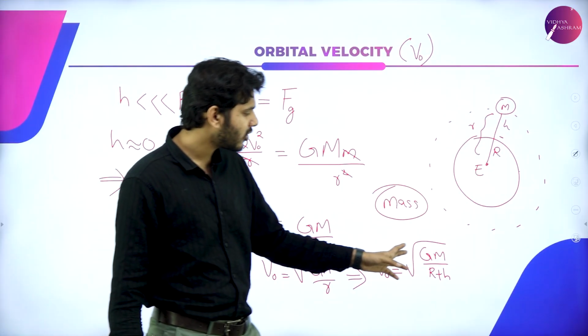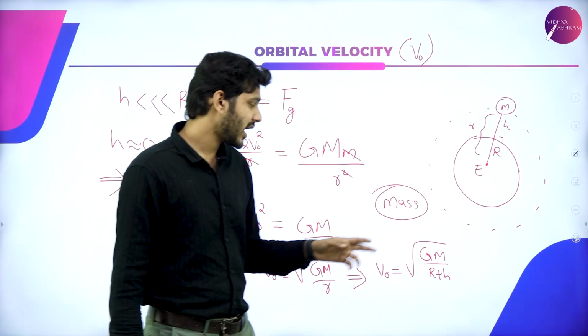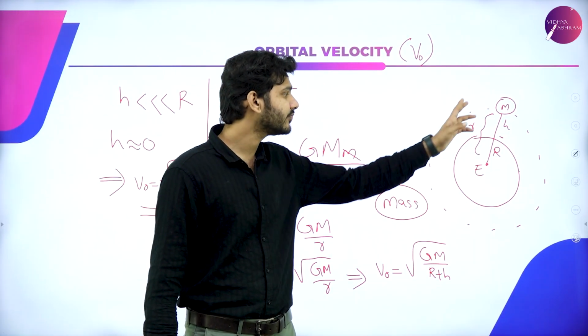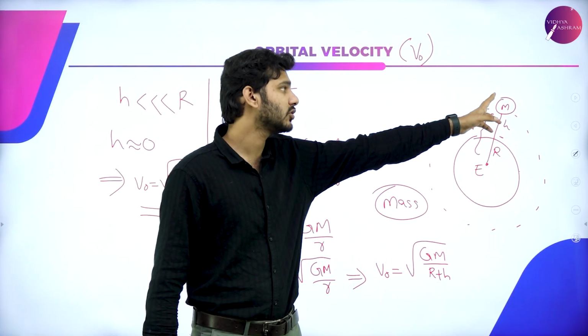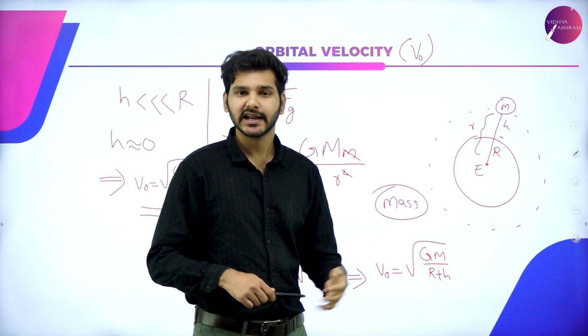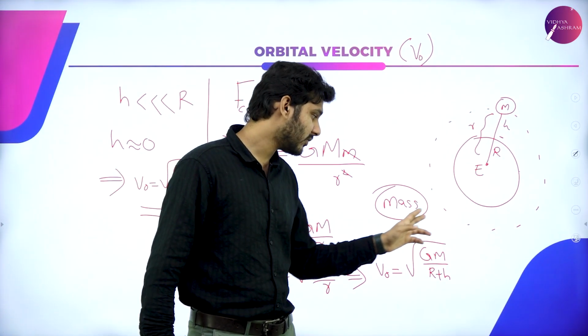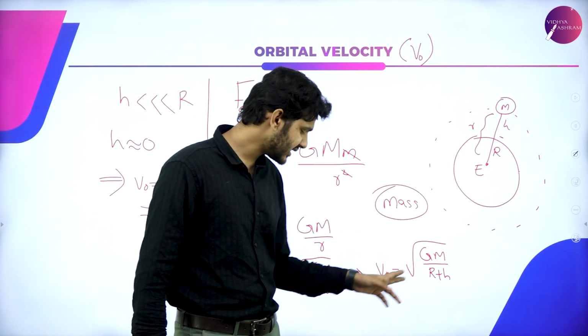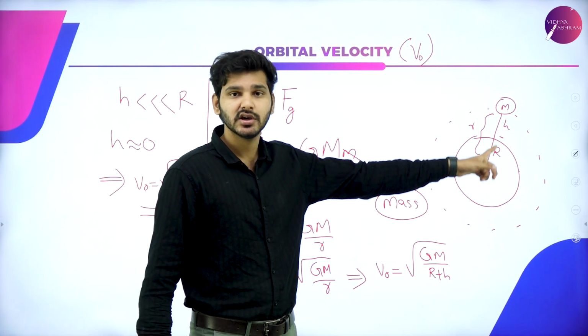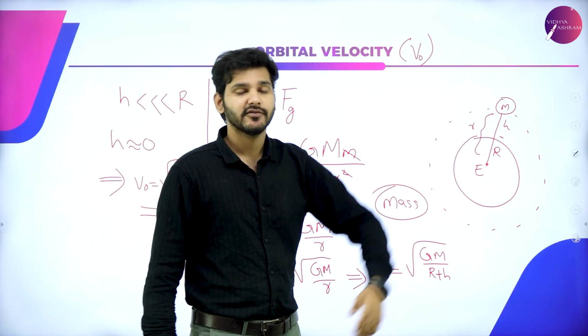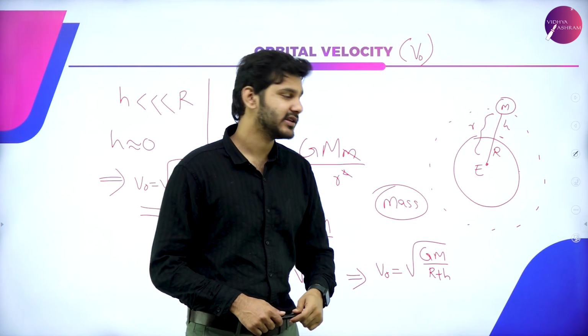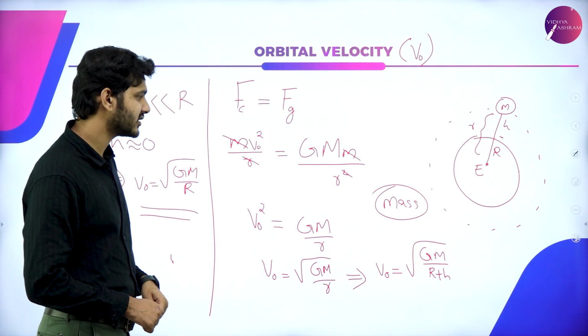It only depends upon the mass of the planet, the gravitational constant, and the distance between the planet's center and that particular satellite. So that is the only thing you have to understand.